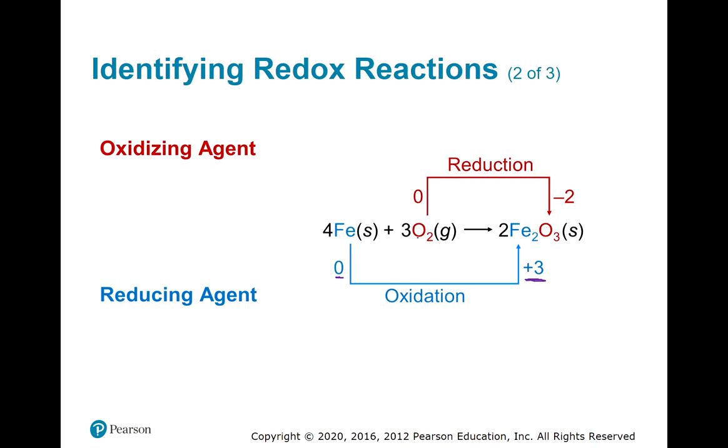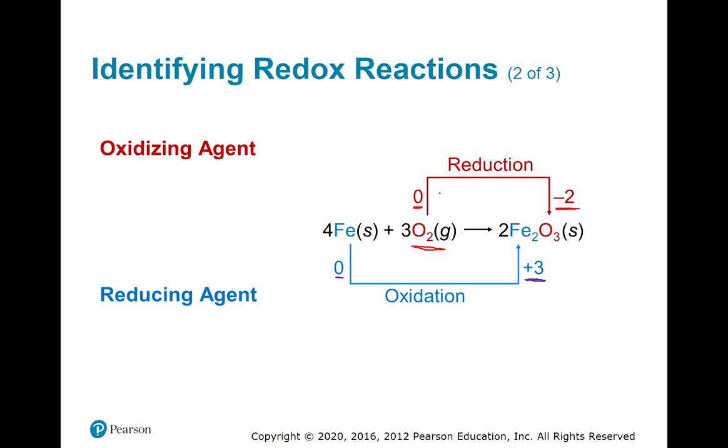oxidation number. Now if we look at oxygen, oxygen starts off as O2 gas. That's a pure element, so it's going to have an oxidation number of 0, like any uncharged pure element. And in the compound Fe2O3, these are oxide ions, so those are monoatomic ions, and hence the oxidation number is just the same as the charge, -2.